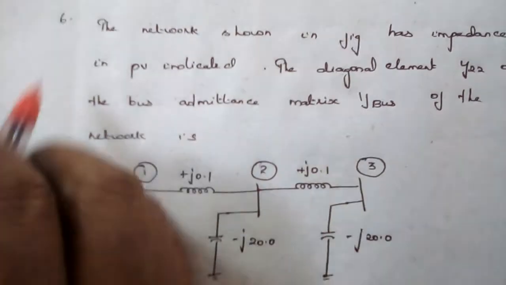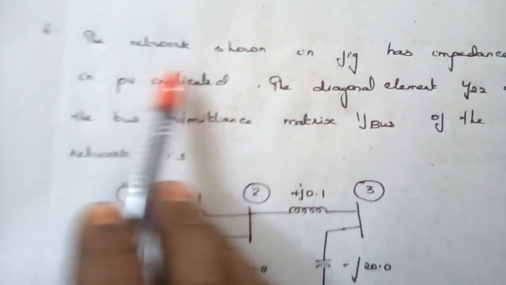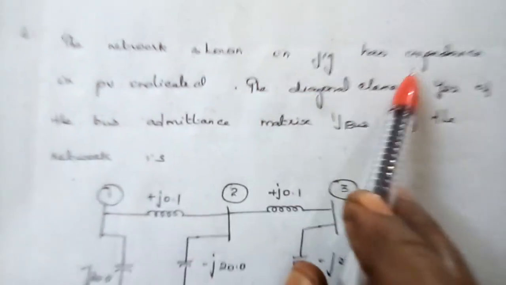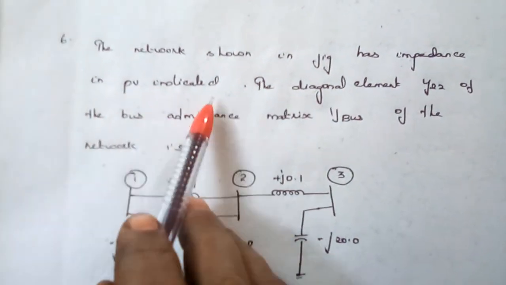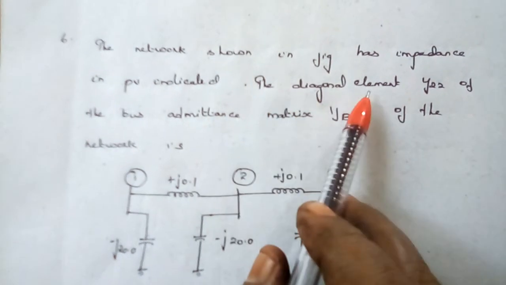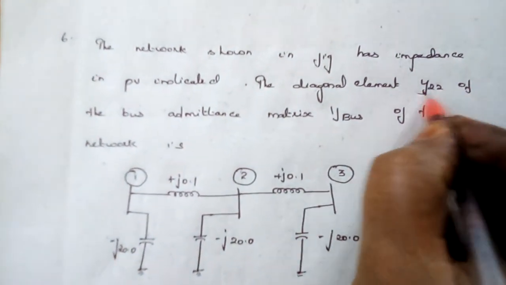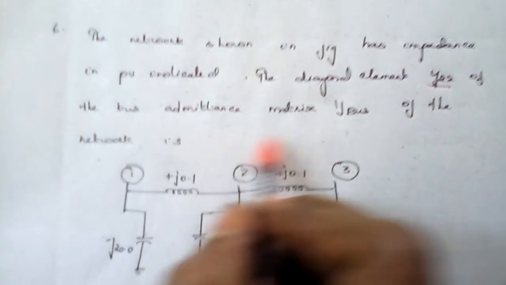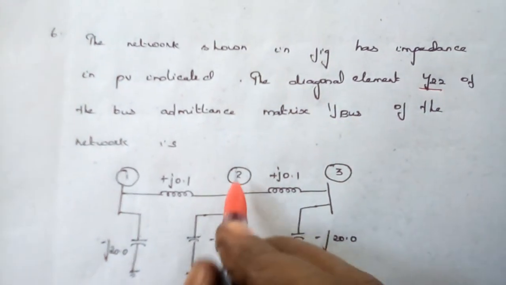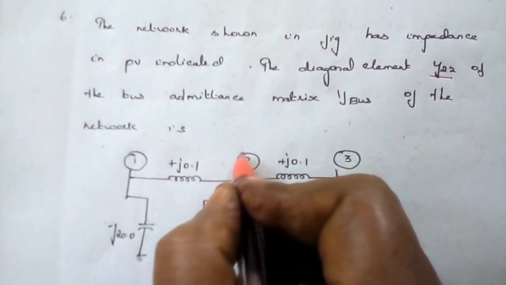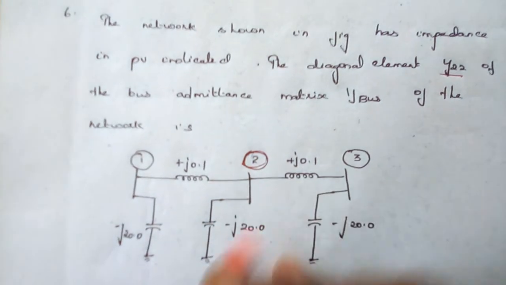Question number 6: the network shown in the figure has the impedance in per unit indicated. The diagonal element Y22 of the bus admittance matrix. So for bus 2, the self-impedance value is asked.